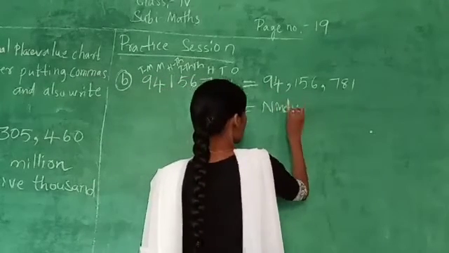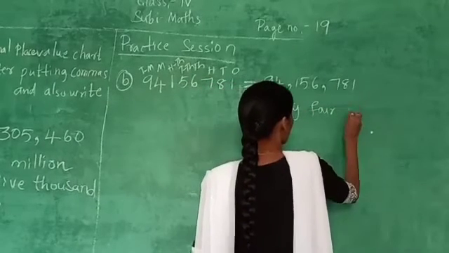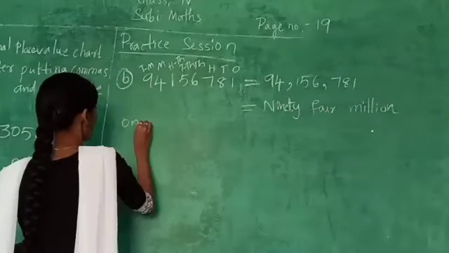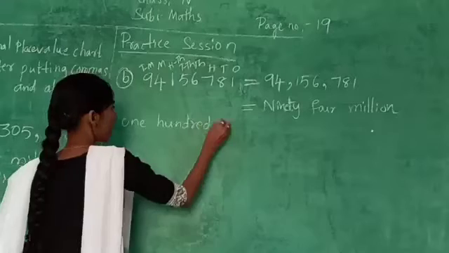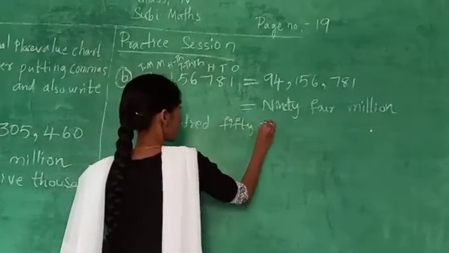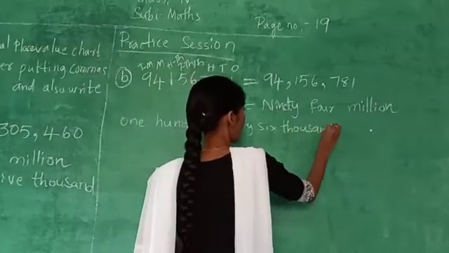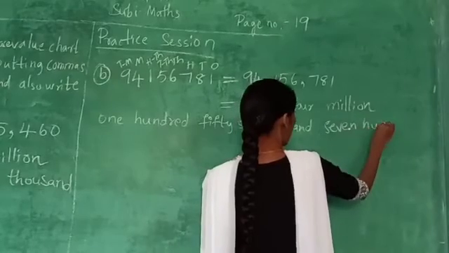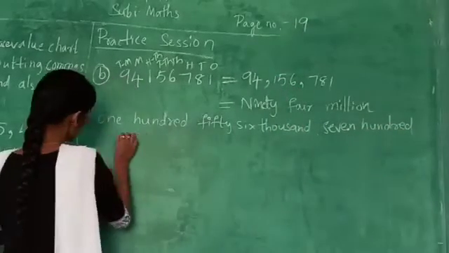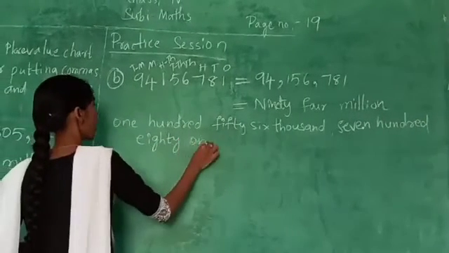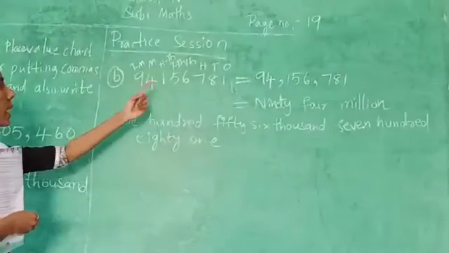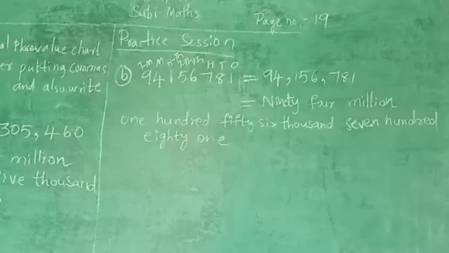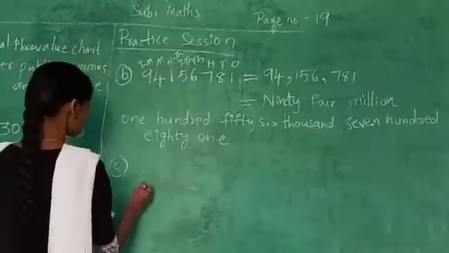See, write the number name of this: ninety-four million, 156,000, 781. This is the number name of the given number: 94,156,781. Next, C they have given.